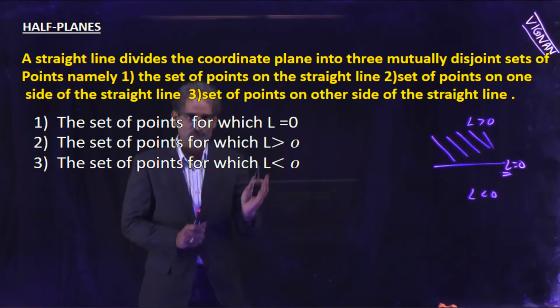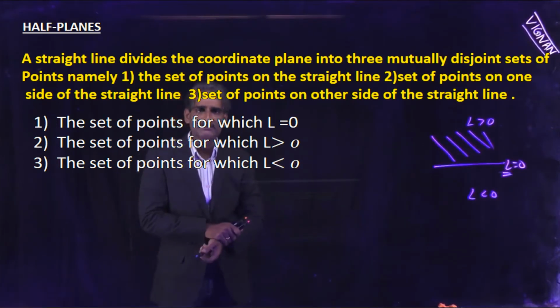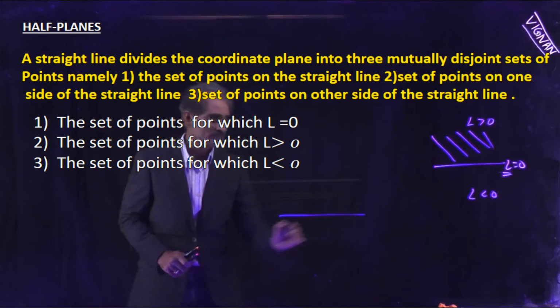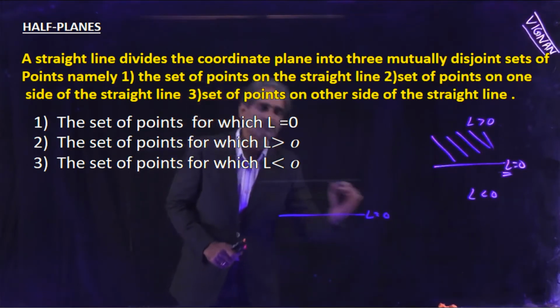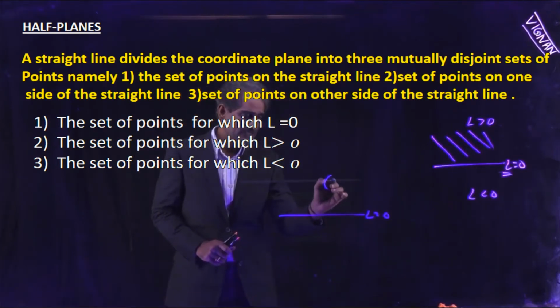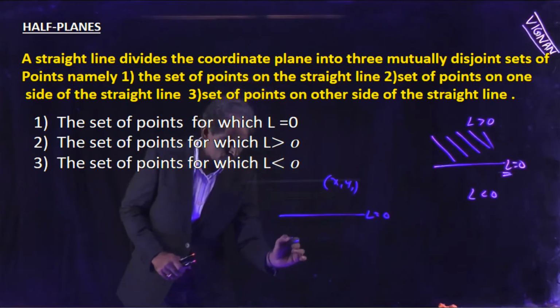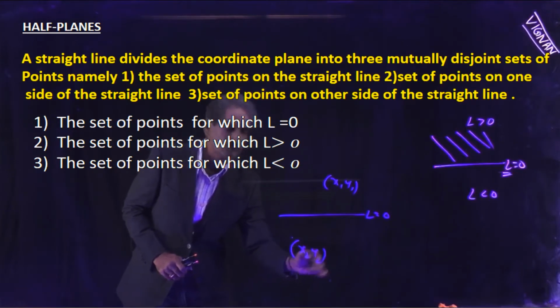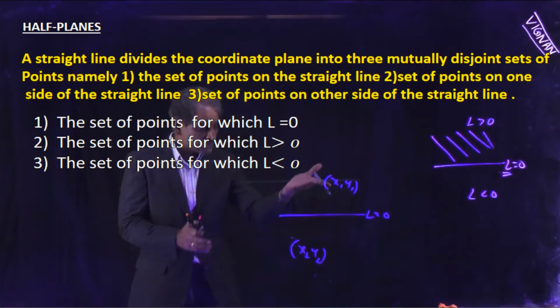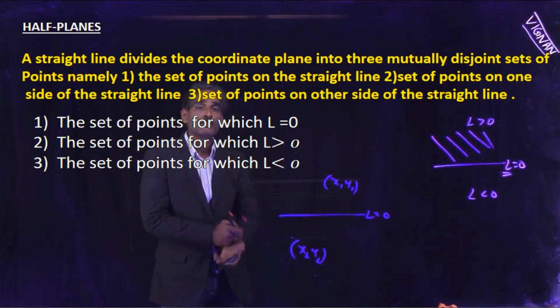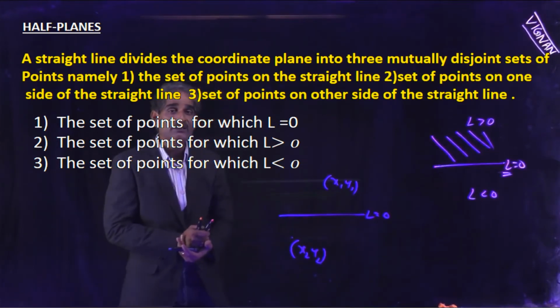Suppose L is the line, and we have two points, x1, y1 and x2, y2. From a diagram we can say the points lie on either side, but without a diagram, how can we say?